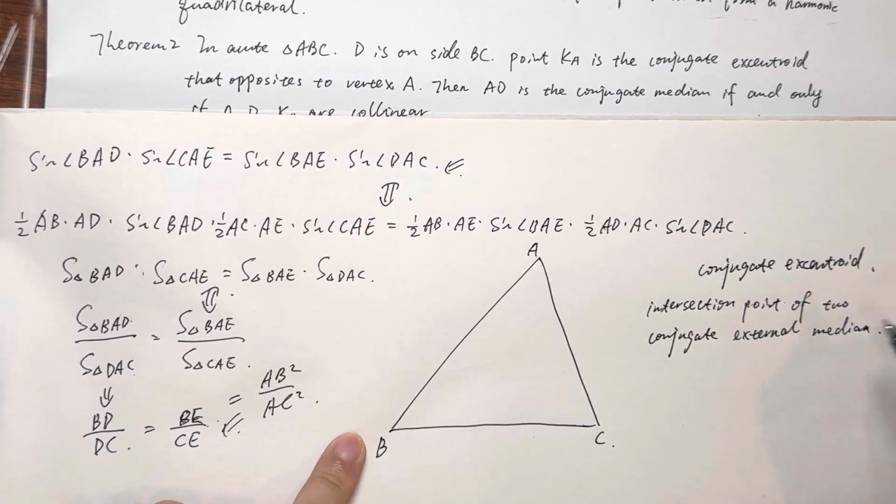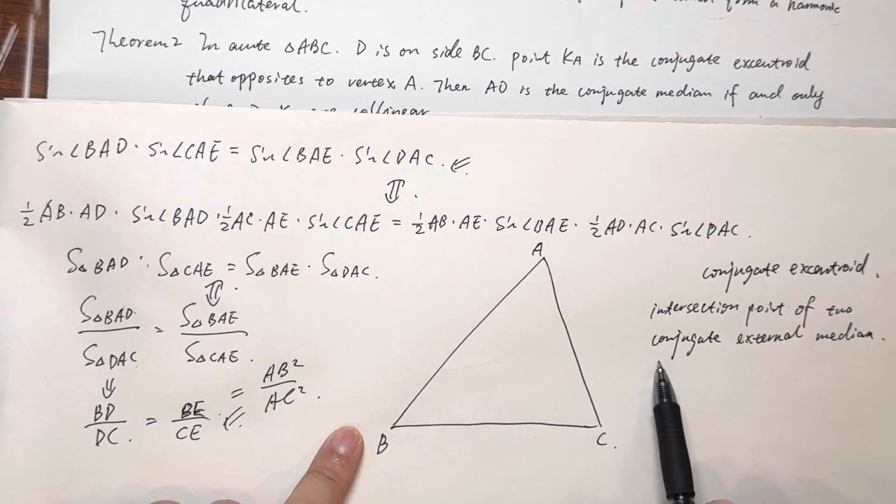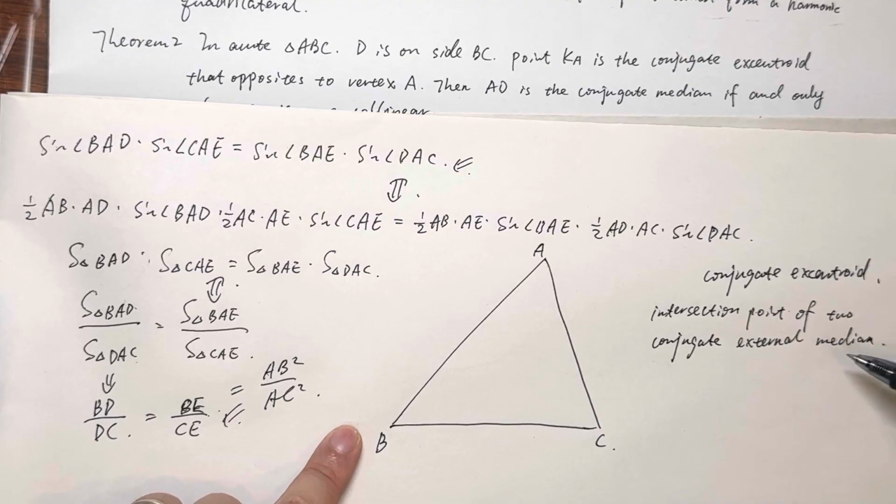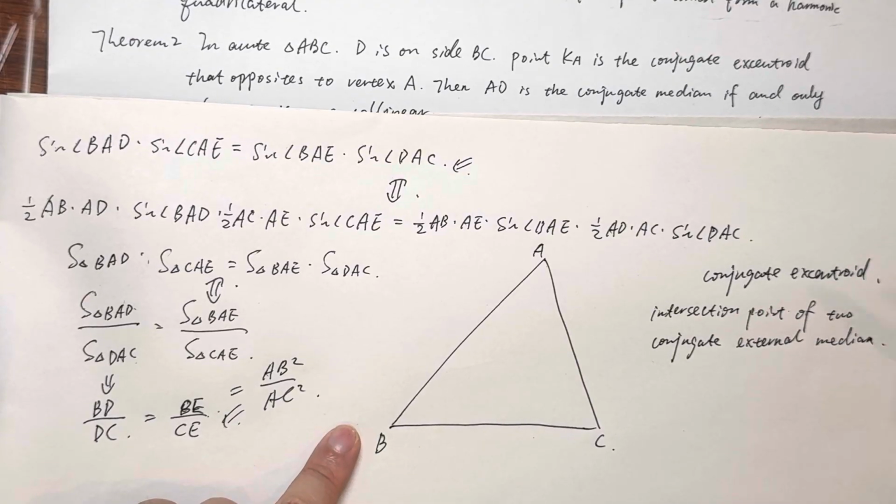So remember that we discussed the property of the conjugate external median. The conjugate external median on one vertex is actually the tangent line of the circumcircle of this triangle that passes through that vertex, right?